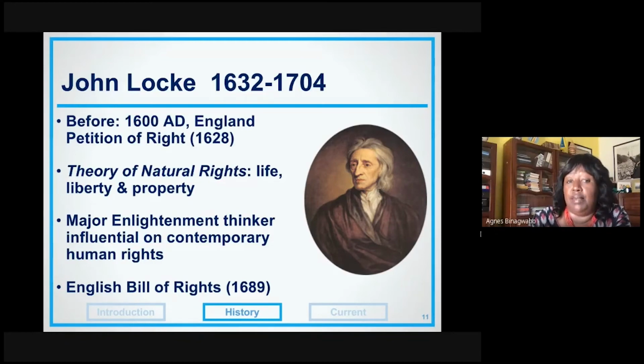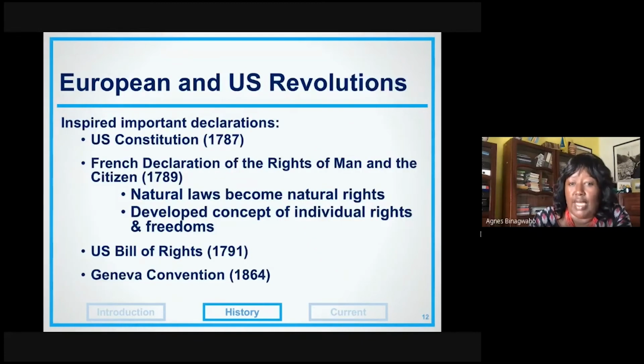Around that time, an important intellectual movement called Enlightenment also emerged and was heavily influenced by John Locke. These factors together influenced the next phases of the development of human rights and also influenced revolutions across Europe, especially in France and England, but also in the US.